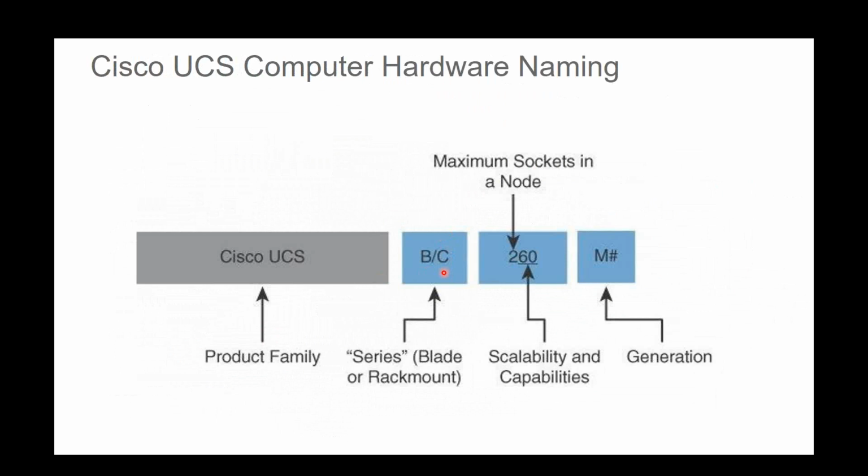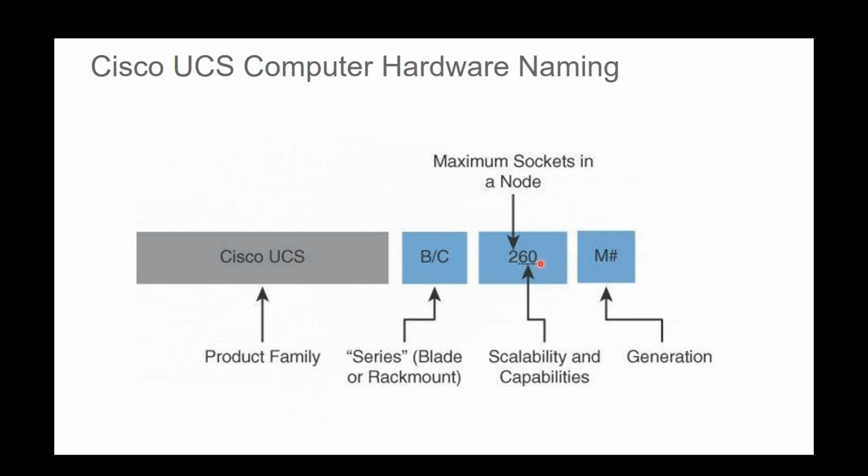That's what it's for. And the M are the new modular servers, which are not in the certification guide, but I think are coming on the next version of the CCNA-DC. Those are where they split up the compute and the storage even more than they already are.